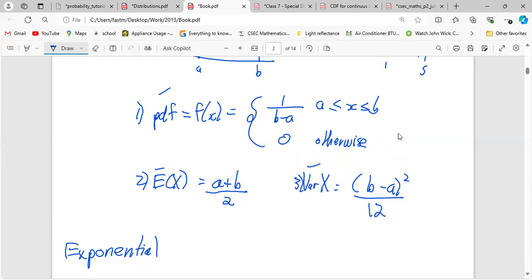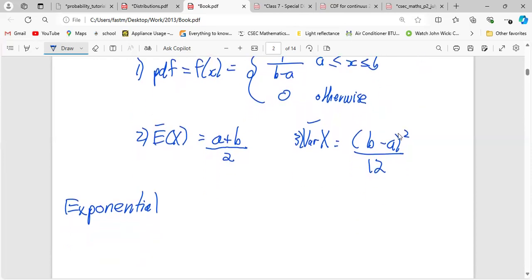All right, but in this case, if you go back to the equation for variance, remember the variance of x is the expectation of x squared minus the expectation of x all squared.